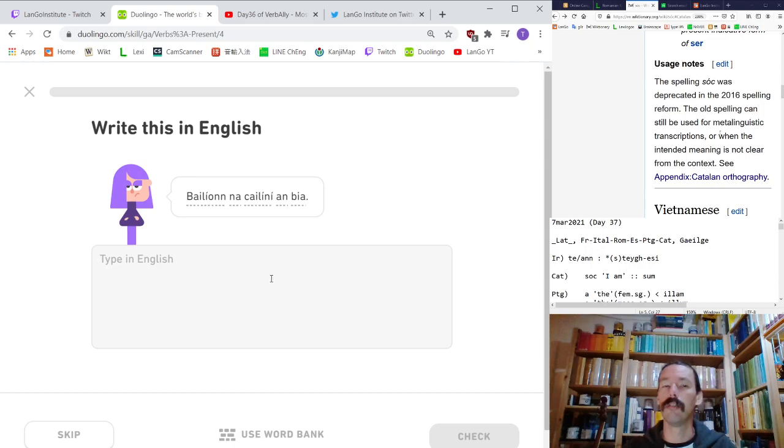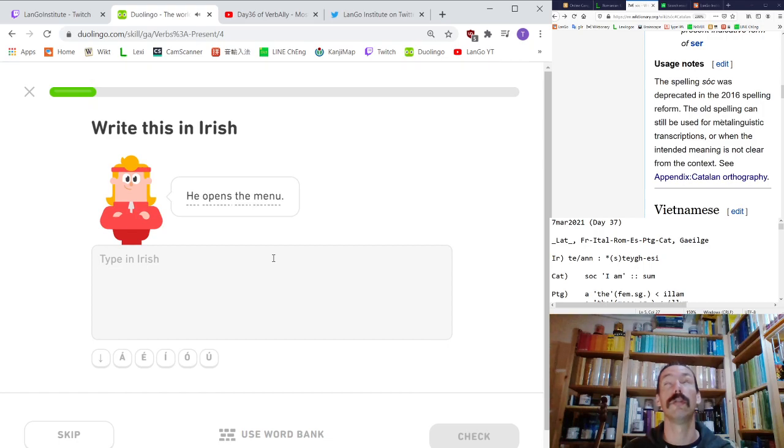Balina, colony, and beer. Collect. The girls collect the food. He opens the menu. Osclean Shay. Osclaien.